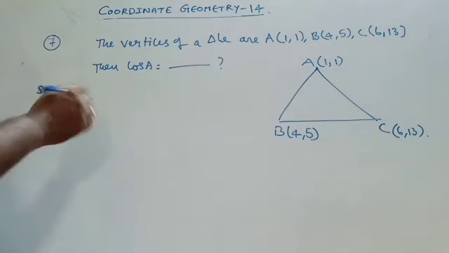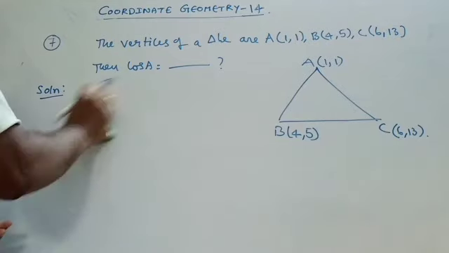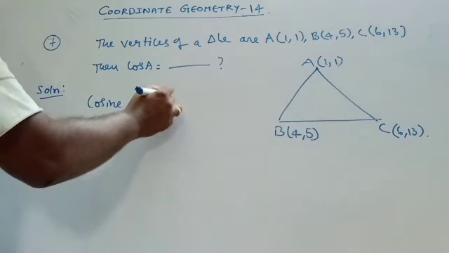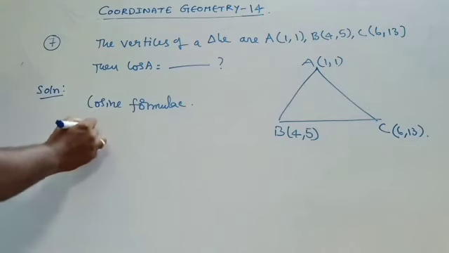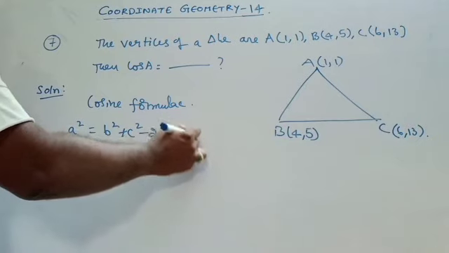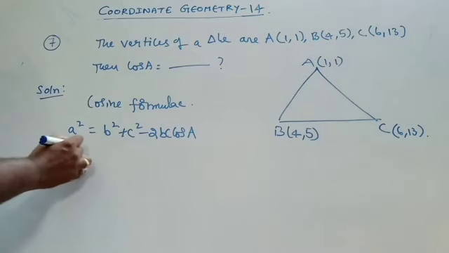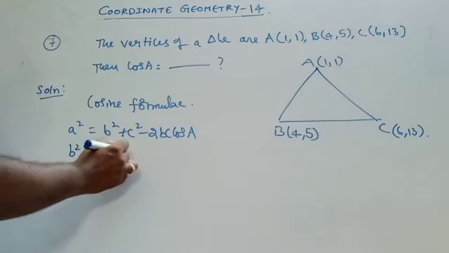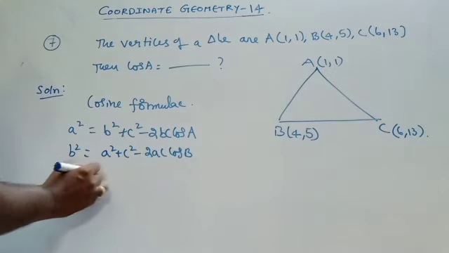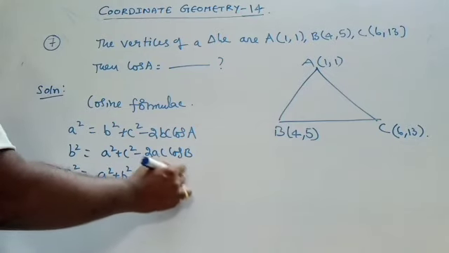You know, in trigonometry, from properties of triangles, you have the cosine formula. The cosine formula is: a square equals b square plus c square minus 2bc cos A. In the same way for the other sides: b square equals a square plus c square minus 2ac cos B, and c square equals a square plus b square minus 2ab cos C, right?